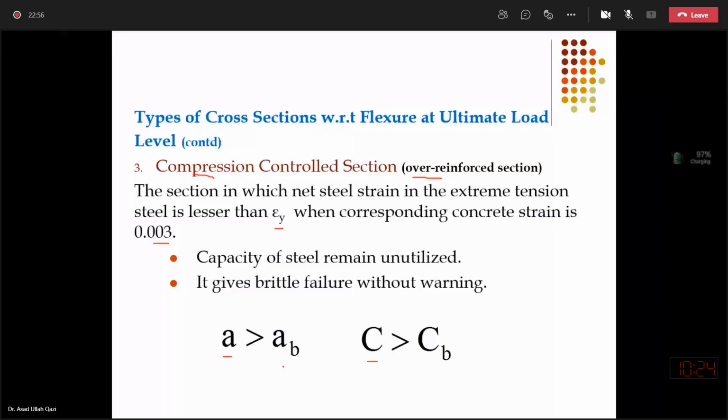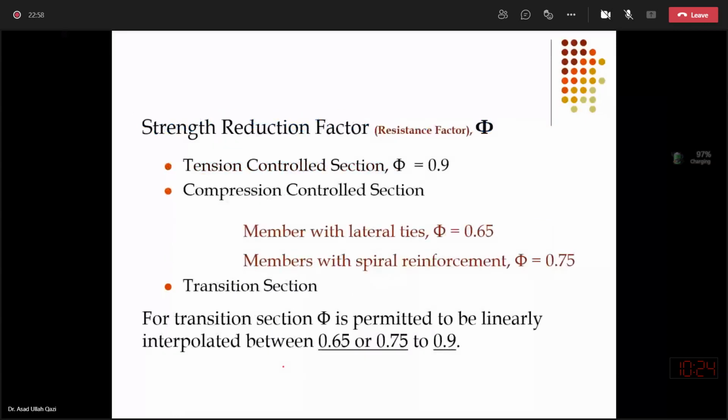As I mentioned earlier, if the section is tension controlled with epsilon s 0.005 or bigger, phi will be 0.9. And if the section is compression controlled, it means epsilon s is equal to epsilon y, or epsilon s is less than epsilon y, phi will be 0.65.